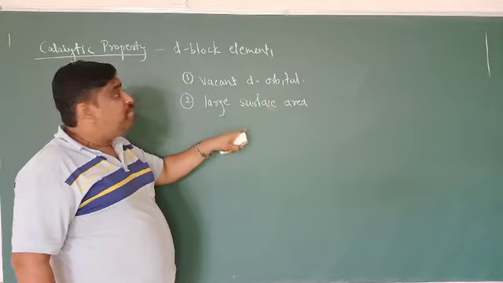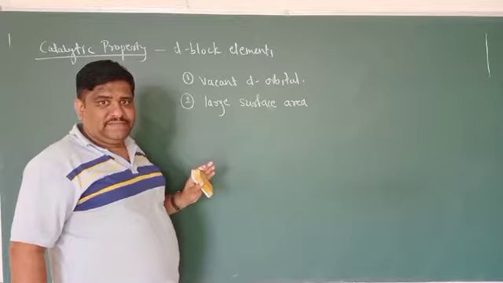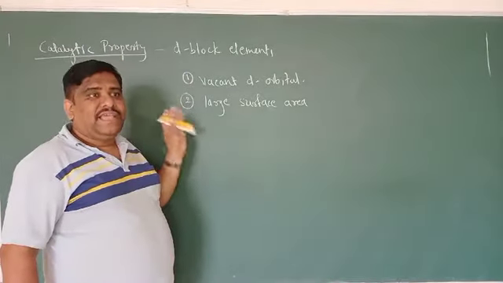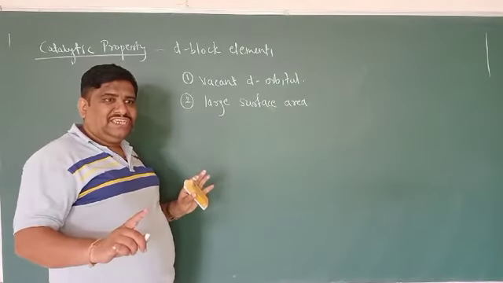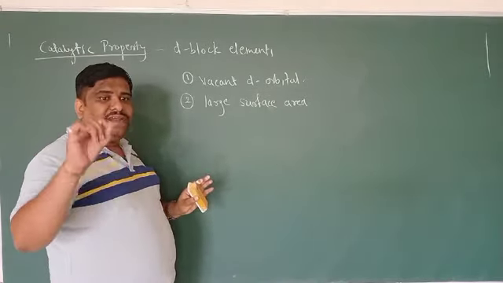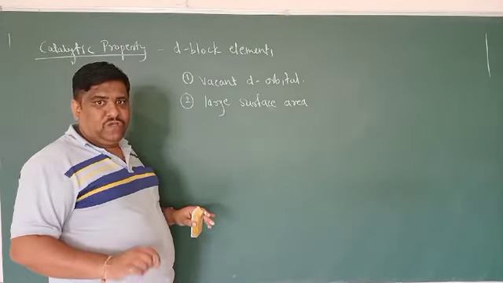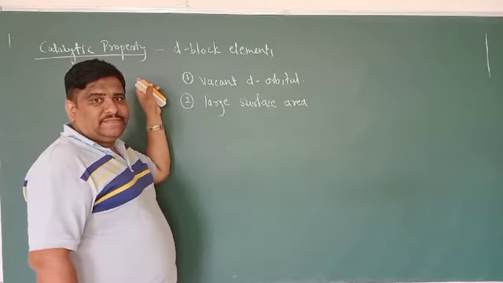Therefore, they give the catalytic property here. This is the seventh property, the catalytic property. You have to remember only the reasons. The question is, why do the D block elements show the catalytic property?